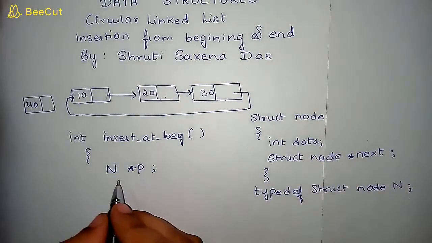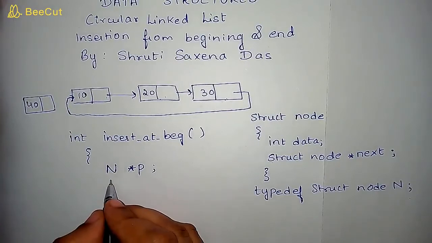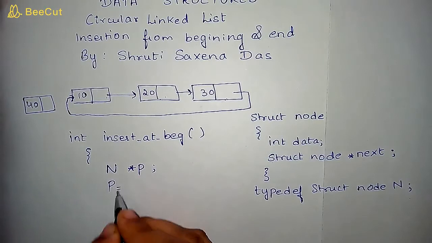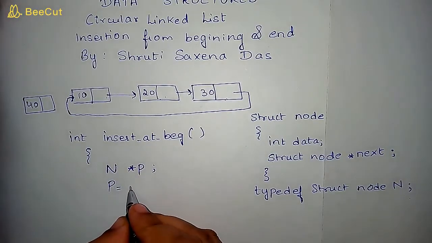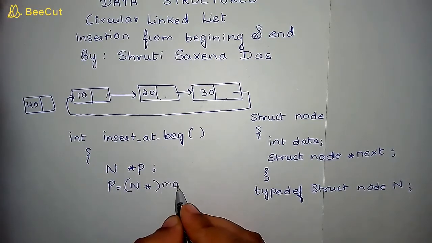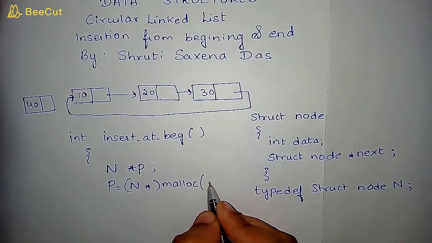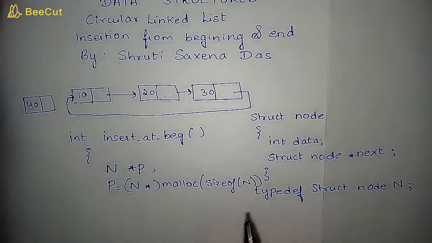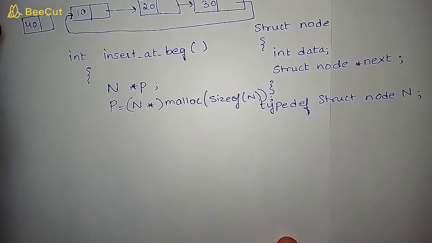I have taken one pointer of struct node type. Now I can use the malloc function and give memory to this. So p equals typecasting, this is the syntax for malloc, size of n. This will be the line for memory allocation.